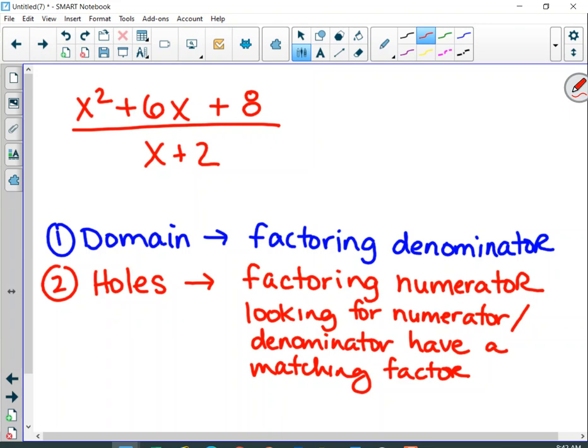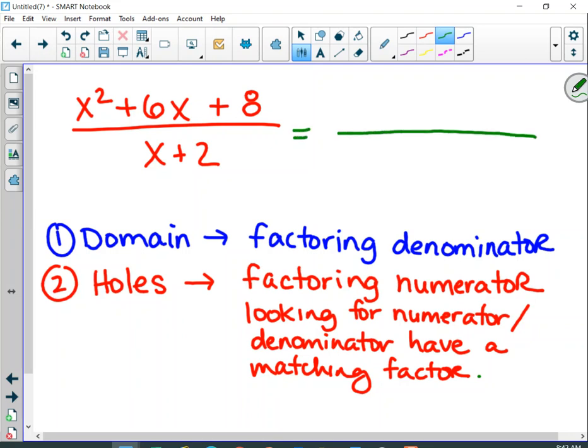We're going to do a lot of practice problems where we have a matching factor, but not every rational function out there has that. But if I want you to practice that, I have to give you problems that have that in there. So if we're practicing looking for holes, that probably means that there are holes in there.